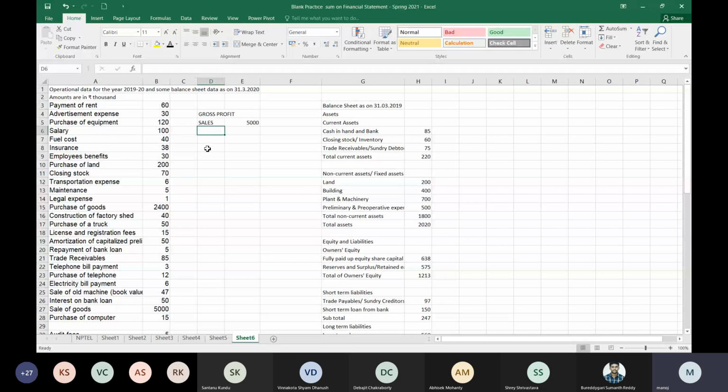Now from sales you have to estimate cost of goods sold, that you deduct from here to get gross profit. Whatever I showed, this is a very simplistic case of gross profit estimation. This applies in case of a retail store, but if it is a manufacturing company, then cost of goods sold estimation is slightly more tricky.